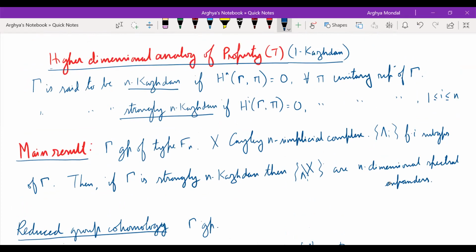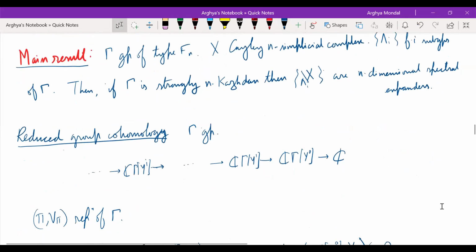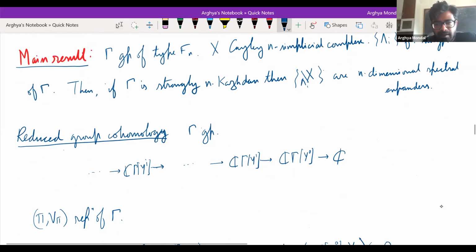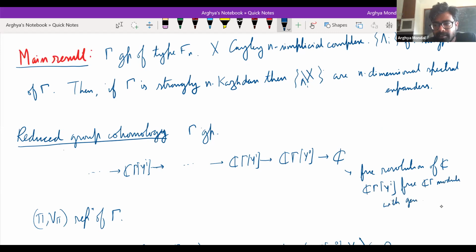Okay. So generally, what we would do is take a projective resolution and apply the Hom functor. But for our purposes here, we will only look at free resolutions. So I look at the resolution of the trivial C gamma module C, and this notation means that this is a free C gamma module with free generating set gamma.